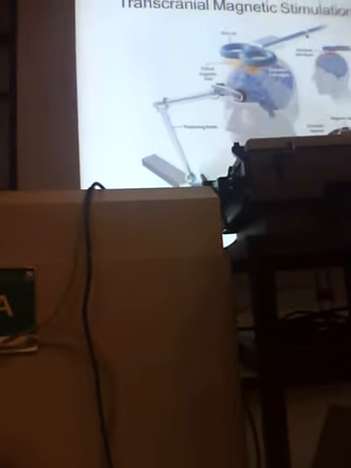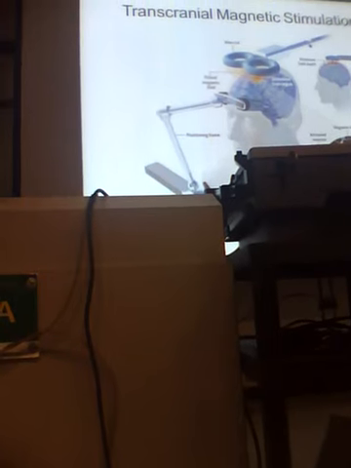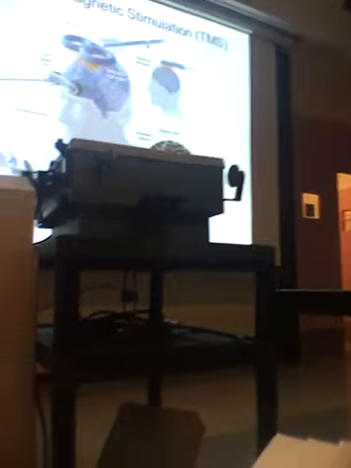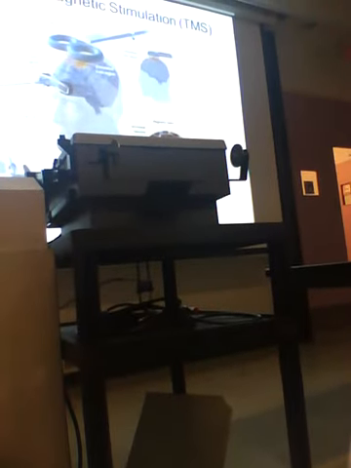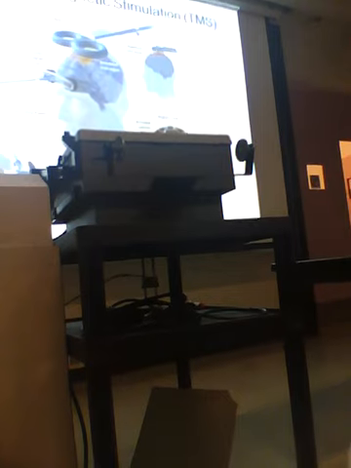Finally, transcranial magnetic stimulation. Now this is a device that generates a very high magnetic field with this sort of figure 8 contraption here. When the magnetic field flows through the neural tissue of the brain, it can activate or inhibit, depending on the pattern of activity you put into this device.